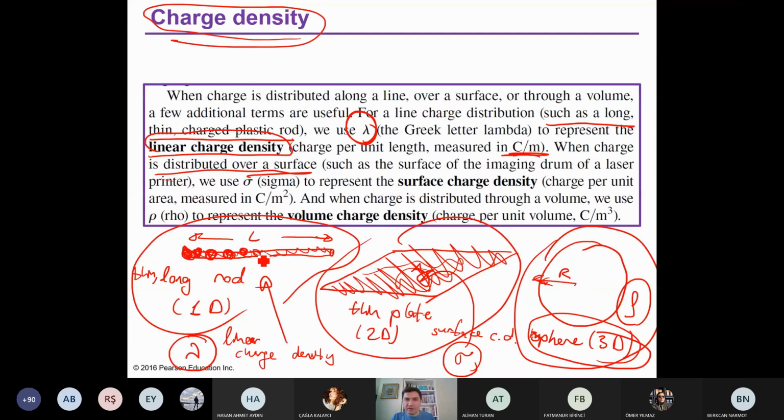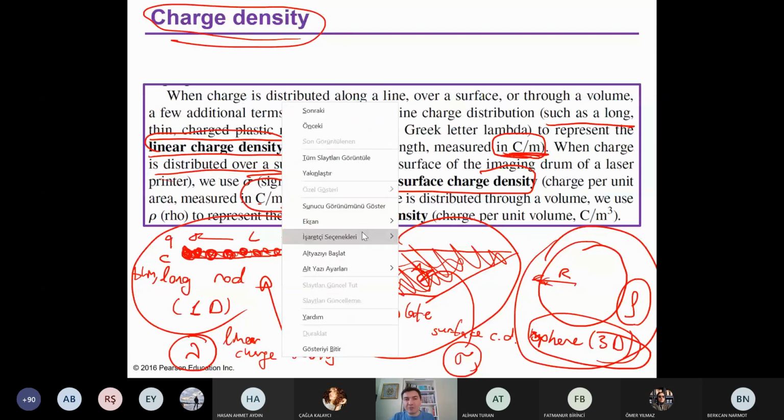So then the unit for the linear charge density is coulomb per meter. For the surface charge density, we are talking about charge per unit area. For the volume charge density, we are talking about charge per unit volume, okay?